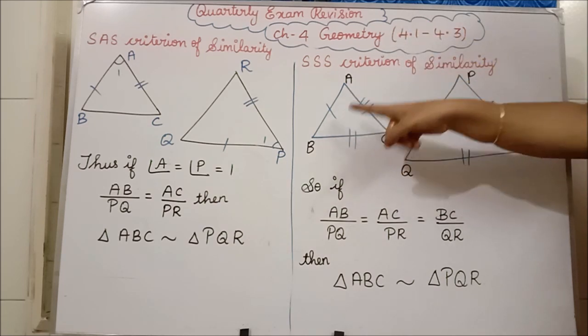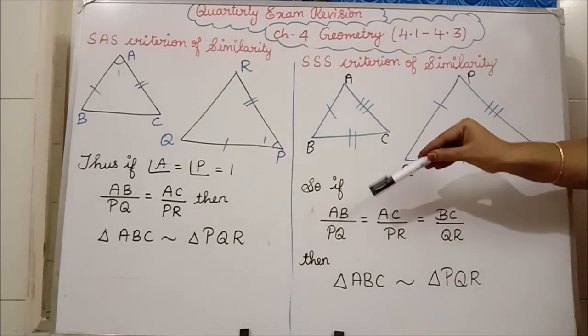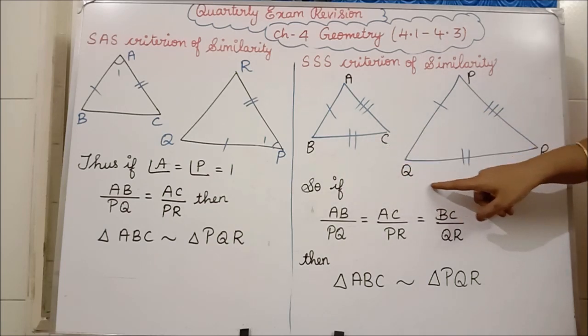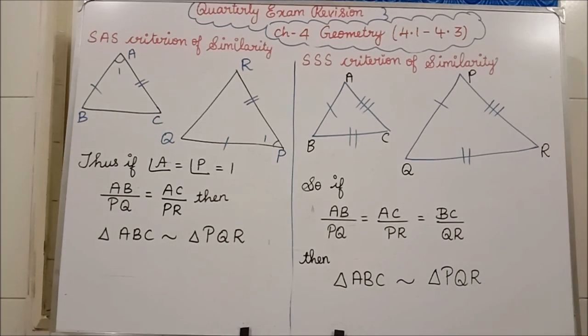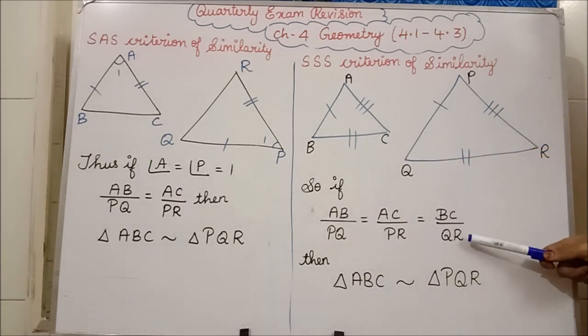For AB the corresponding side is PQ. So AB by PQ is equal to, here we have a double line BC, and here QR. So BC divided by QR. Sorry students, not AC, here it is BC, where double line is BC and here double line is QR. So BC divided by QR.